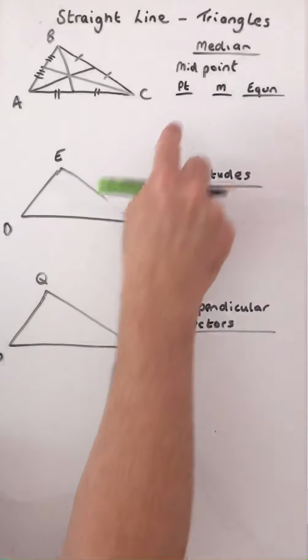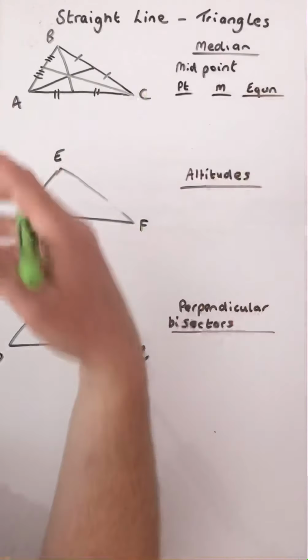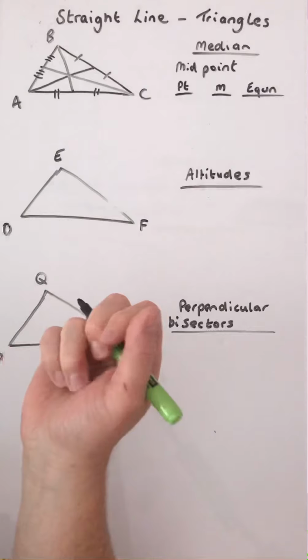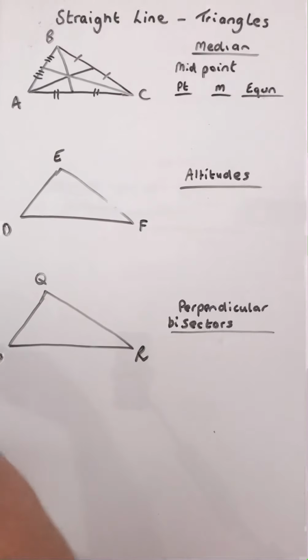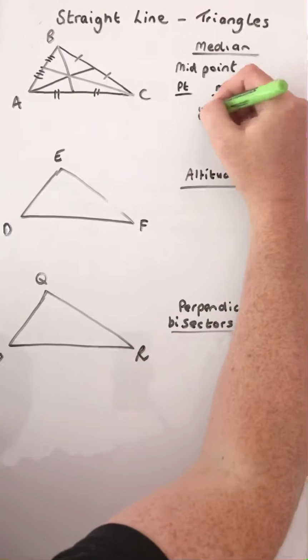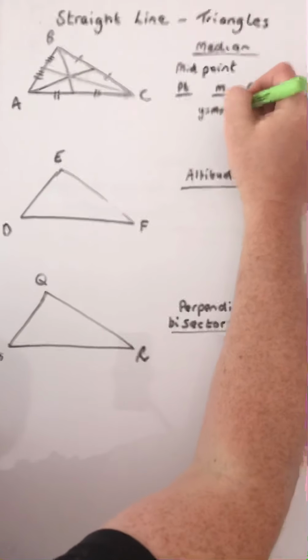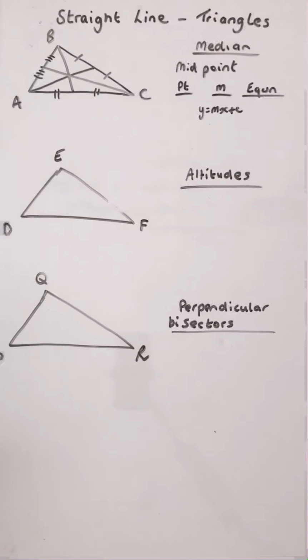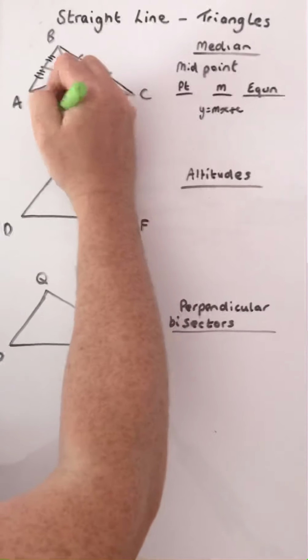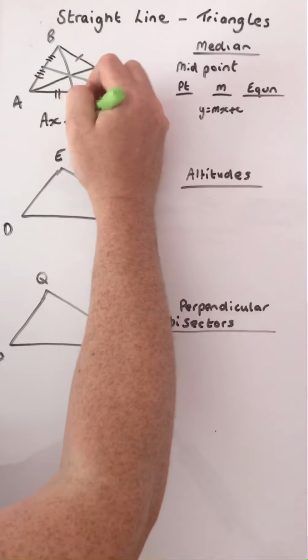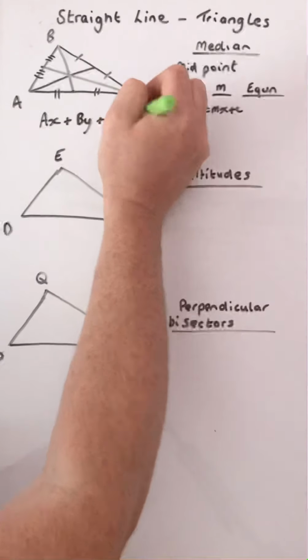Strategies for gradient: you need to think back, vertical over horizontal, y2 minus y1. Can we extract it from another equation, your y equals mx plus c? Do you need to rearrange something that's maybe given in this form?